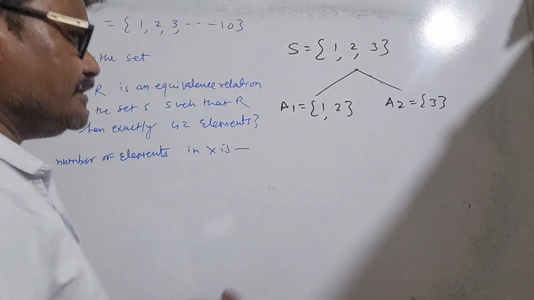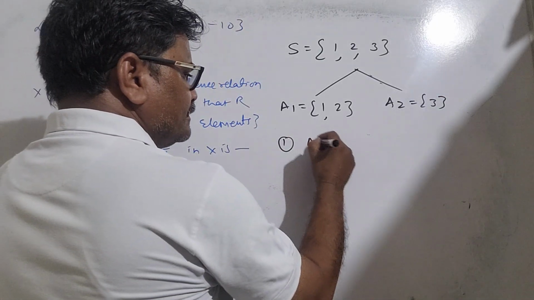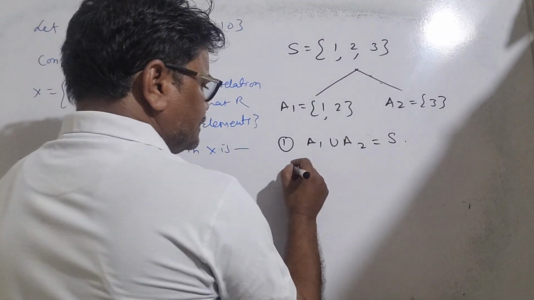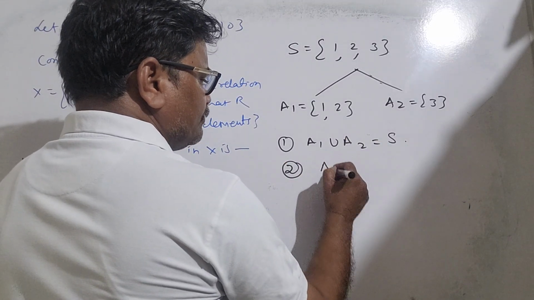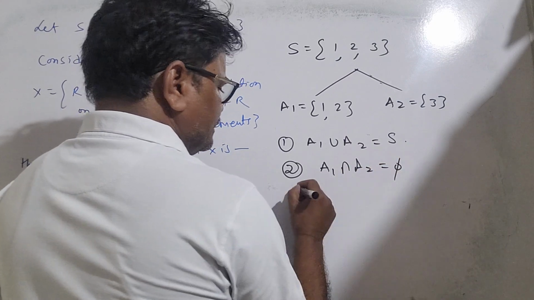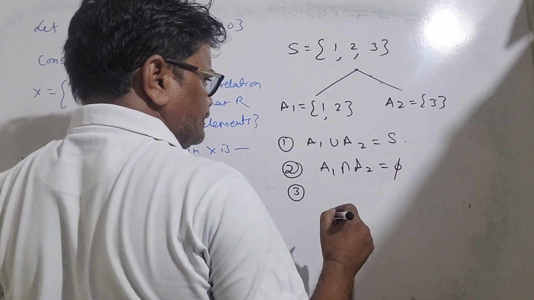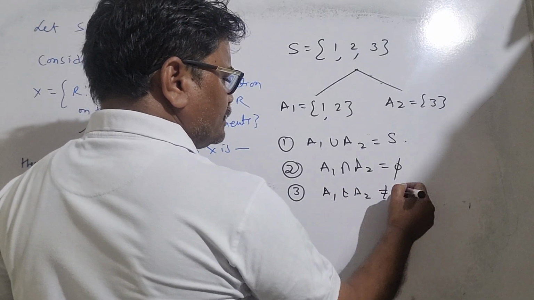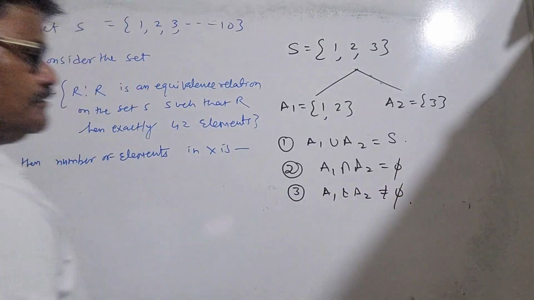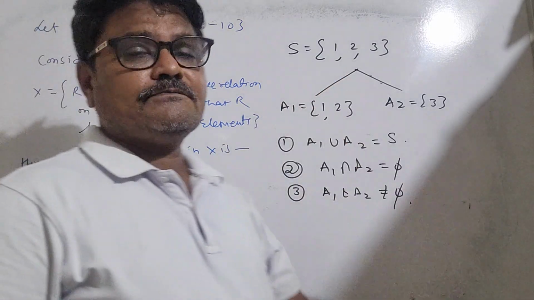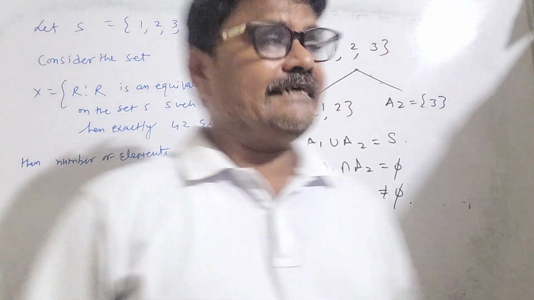What you observe, number 1, is that A1 union A2 is S. Number 2, A1 intersection A2 is empty. And number 3, A1 and A2 are both non-empty sets. So I am making the partition of set S like that.